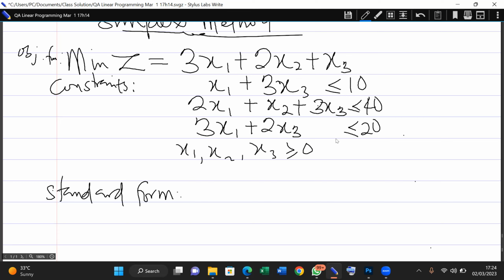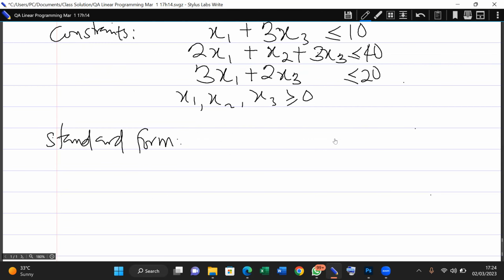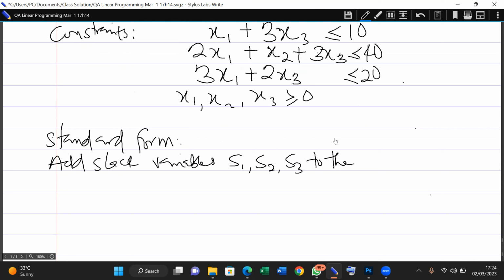All right. So what we just have to do here, for the standard form, is add slack variables. How many products do we have? We have 3 products. So we add slack variables S1, S2, S3 to the constraints.